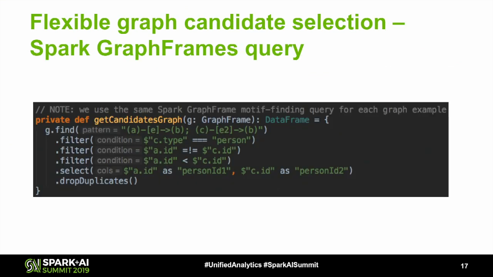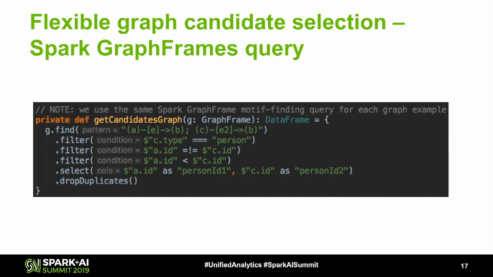And then a real quick note, on the next few slides, you'll see a function, getCandidatesGraph, referred to several times. Instead of writing it a few times, I figured I'd show that here. What we'll be using this for is our graph candidate selection query.